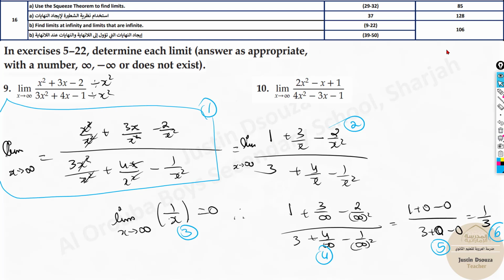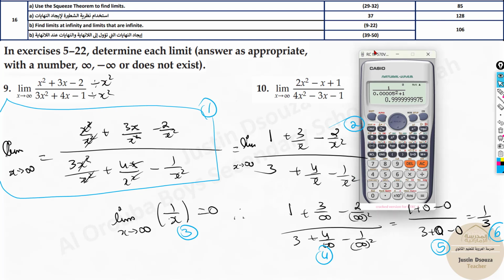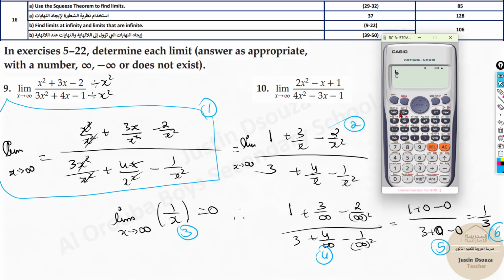Let's check our answers by using the calculator now. Let's just put this in the equation calculator over here. It's alpha x squared plus 3 alpha x minus 2 divided by 3 alpha x squared plus 4 alpha x minus 1, calc.